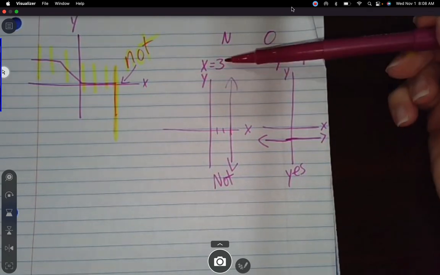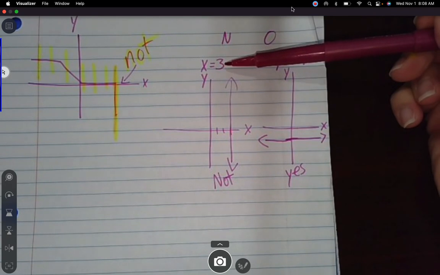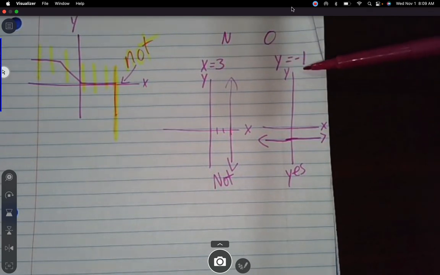Because this will always be a vertical line, not a function, and this will always be a horizontal line, a function. You don't have to draw it or anything. All you're going to do is cut it out and put it where it goes: is it a function or not? Do we kind of get that? If you have these notes to go by, then we have three left. Are we good so far? I think y'all will be able to figure it out.